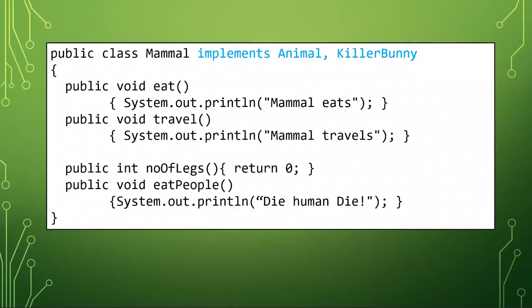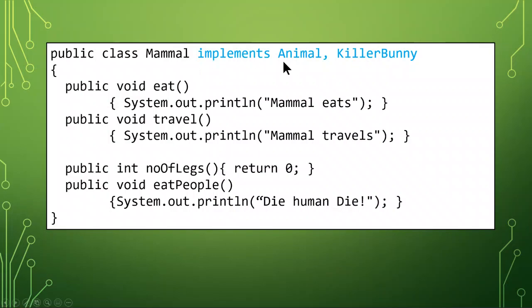Now if we want to create a mammal that is going to do the services of being both an animal and a killer bunny, all we have to do is use implements, then the first interface, comma, the next interface, telling the system that these are the two we want to implement. It must implement every method from here and from here, and that's why you can see the eat people, die, human die from this.